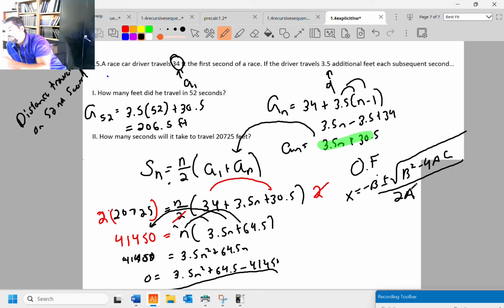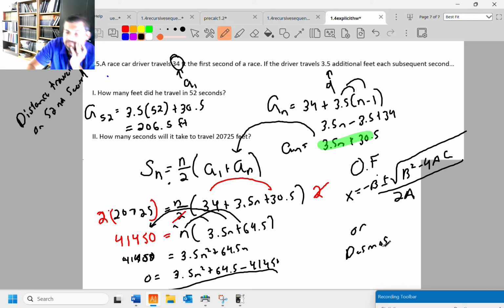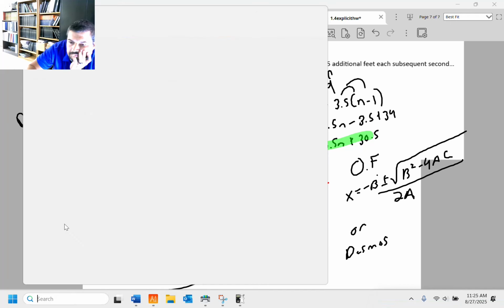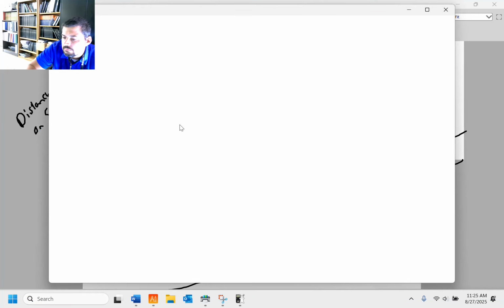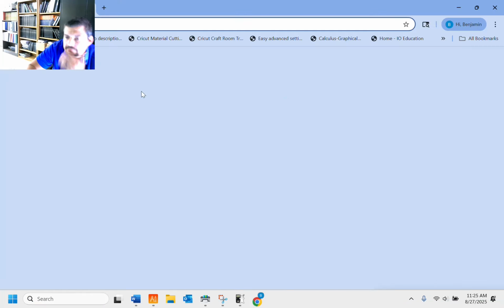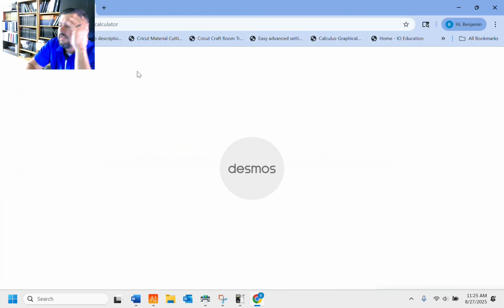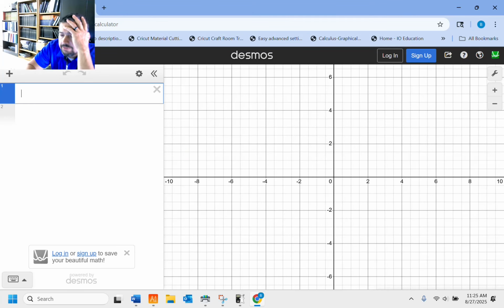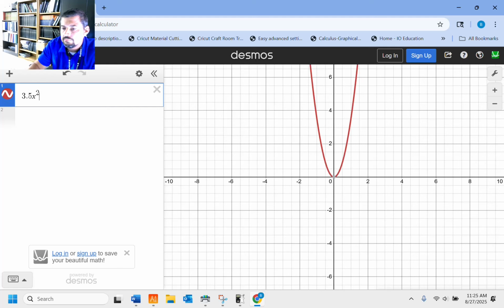That's how you do it algebraically. Or you use decimals. And I'm going to use decimals. If I had more time, I'd probably do the quadratic formula. But I am low on time.